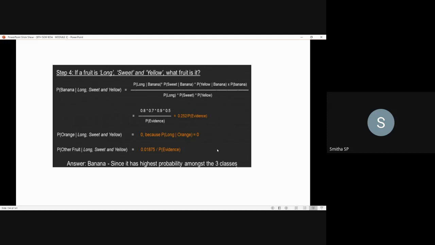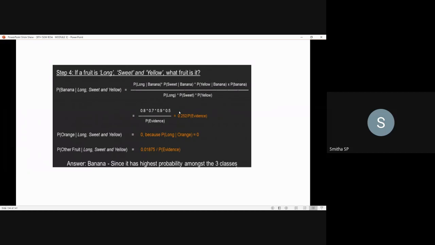So in the naive Bayes analysis, as I said previously, by looking into the probability values you have obtained, the value which is higher wins. Here, if you go through these values, the higher one is the probability value of banana, that is 0.252.